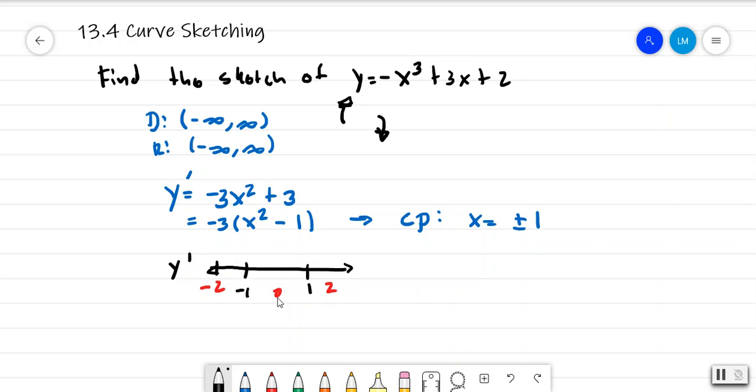If we plug in 0, this is going to be positive. If we plug in 2, well, 2 squared minus 1 is positive, but times -3, that's going to be negative. So this is going to be a relative max.